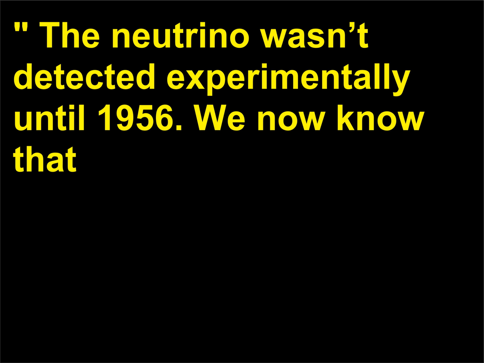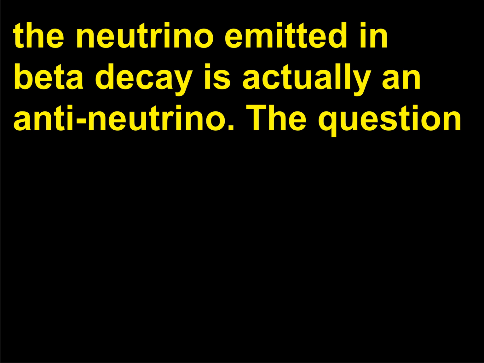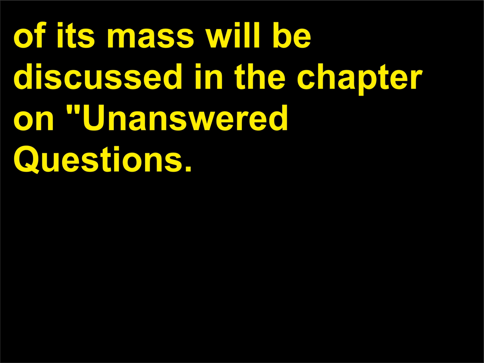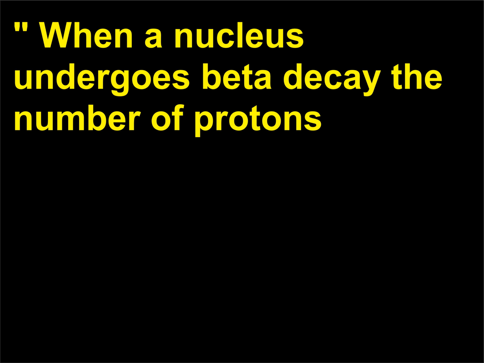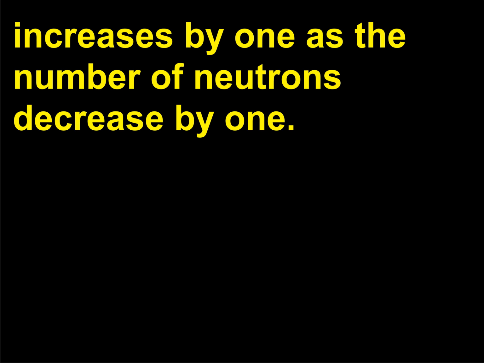We now know that the neutrino emitted in beta decay is actually an antineutrino. The question of its mass will be discussed in the chapter on unanswered questions. When a nucleus undergoes beta decay, the number of protons increases by 1 as the number of neutrons decreases by 1.